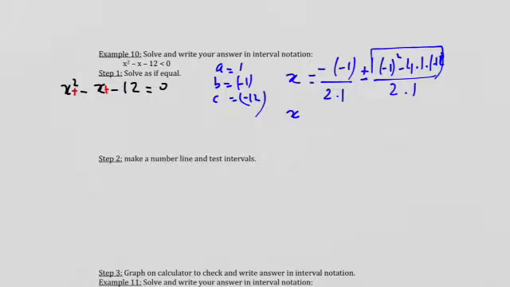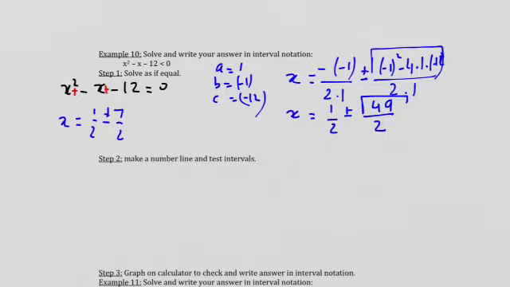So we have x equals 1 over 2 plus or minus the square root of 49 divided by 2, which is x equals 1 over 2 plus or minus 7 divided by 2.